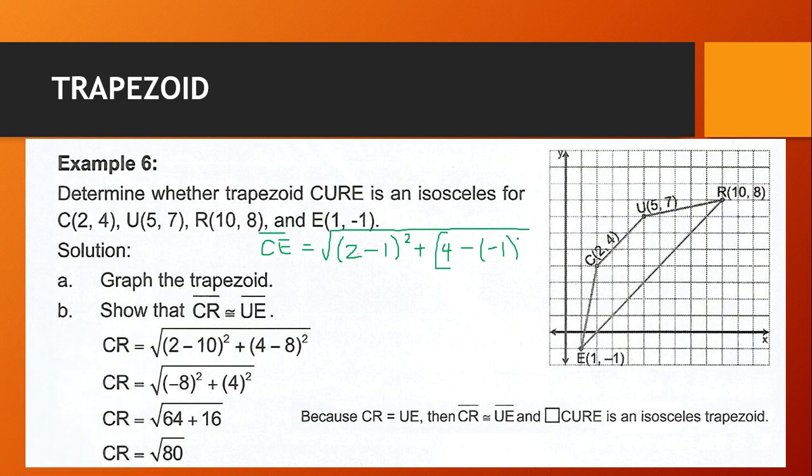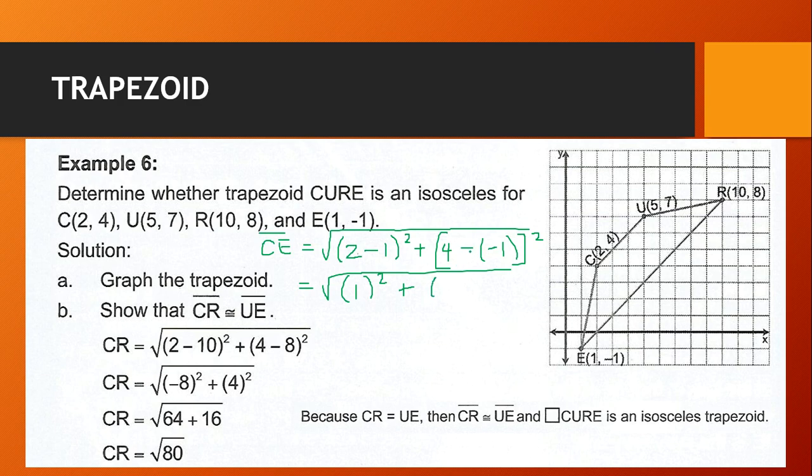Then squared, then equals the square root of, so 2 minus 1, so that's 1 squared, plus, puros negative sign sa tunga, so mahimo siyang positive, so 4 plus 1 mahimo siyang 5.